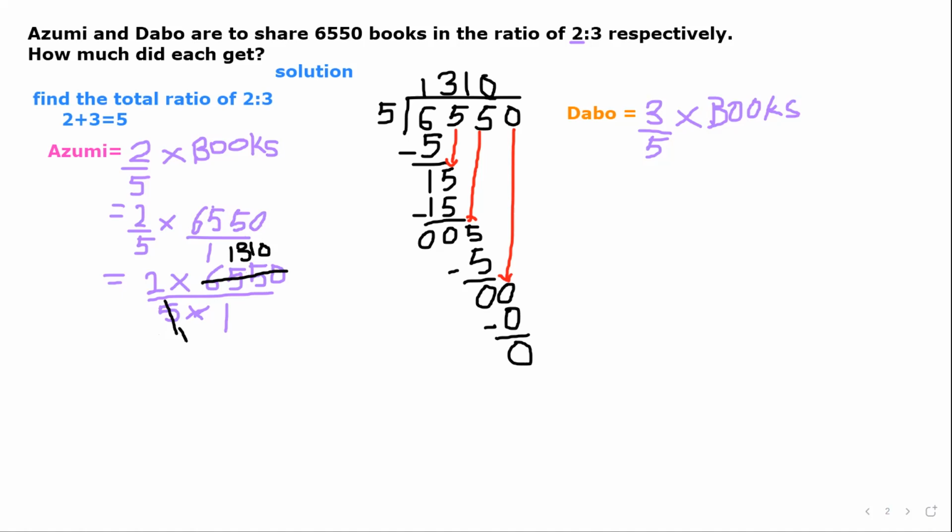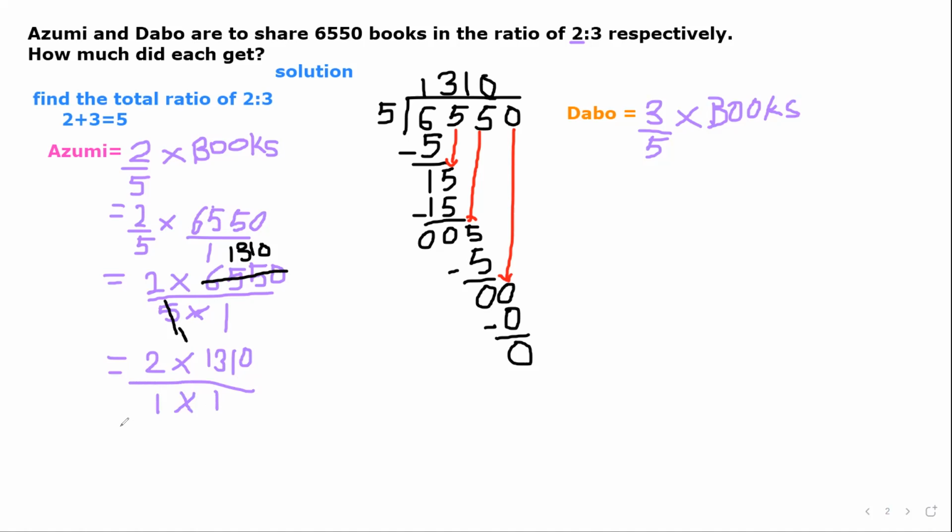Now you proceed. The numbers left at the numerators here is 2 times 1,310. Okay, all over 1 times 1.